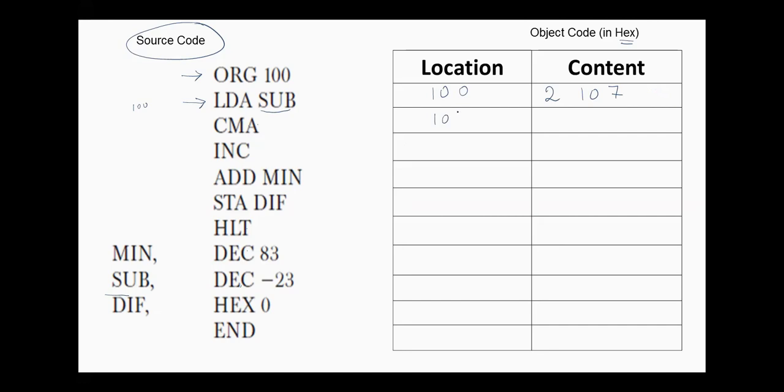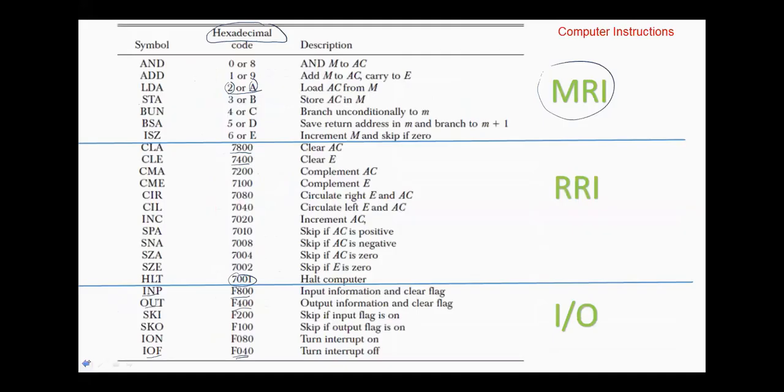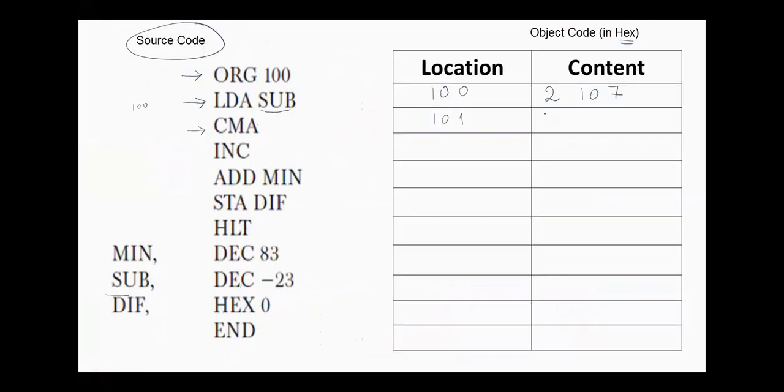The next instruction is stored at location 101 in hexadecimal, and it is complement accumulator. Back to the table. The code for complement accumulator is 7200 in hexadecimal. So we'll have here 7200.